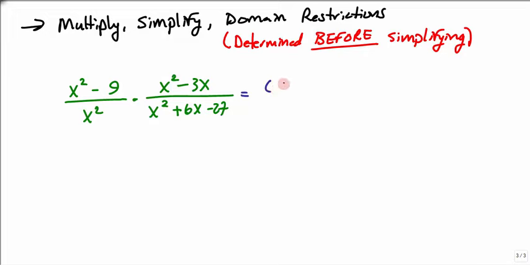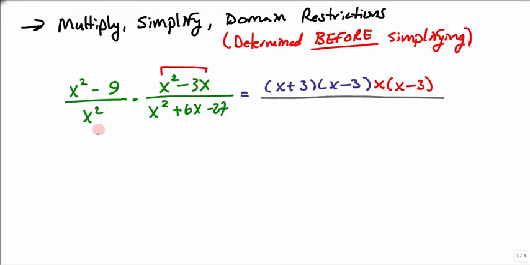So x squared minus 9 is x plus 3, x minus 3. Now this x squared minus 3x doesn't factor in terms of a product of binomials, but I can pull out a monomial. So I'd factor out an x times x minus 3.